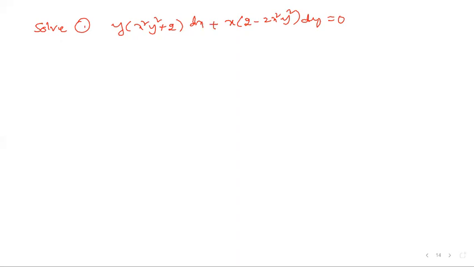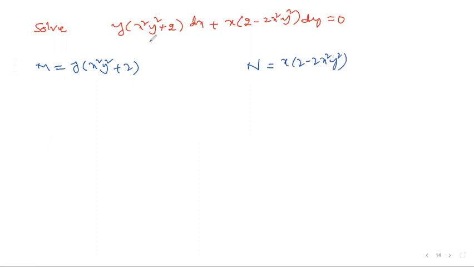Solve the differential equation. First, compare this equation with M dx + N dy = 0 to get M and N. Here M is equal to y(x²y² + 2), and N is equal to x(2 − 2x²y²).